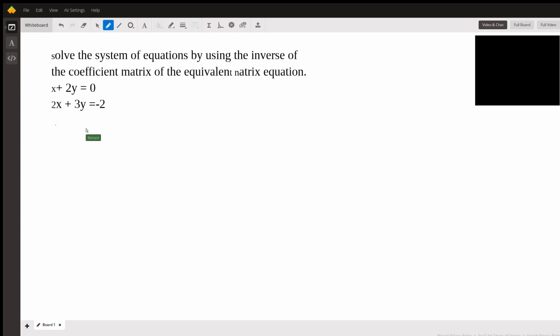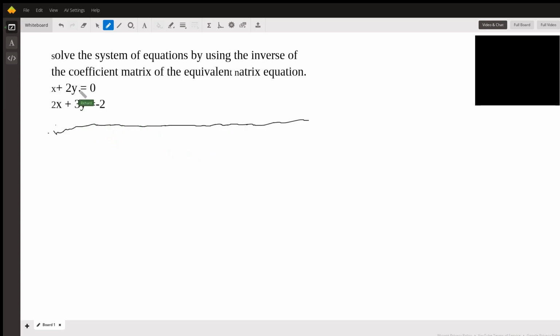So let's get started. We're going to start by taking the system of equations and putting it into a matrix form. So let me just draw a line here.